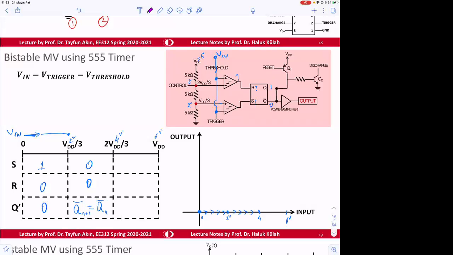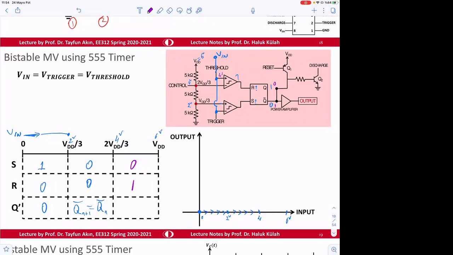After this point, S remains 0, but R becomes 1. Why? Because now this is going to be compared, say at 4.1 volt. When we go to 4.1 volt, R becomes high, and R high means reset. That means Q bar becomes 0, but then this becomes 1 or high voltage.